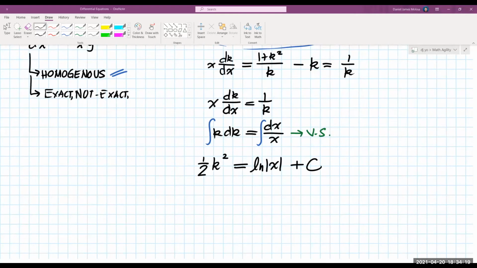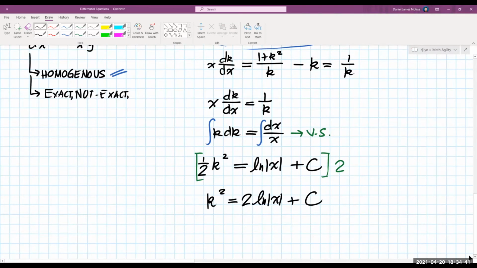So we can rewrite our equation by multiplying by 2 just to eliminate the denominator. So we have k squared that is equal to 2 the natural log of absolute value of x plus 2c, or that is, of course, an arbitrary constant c.